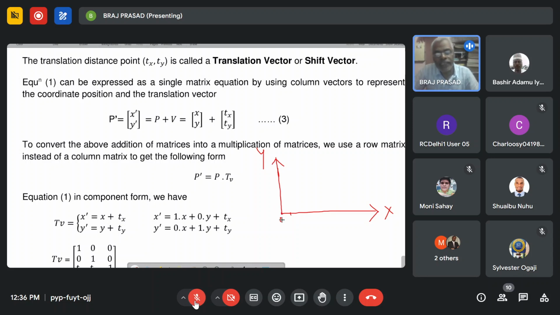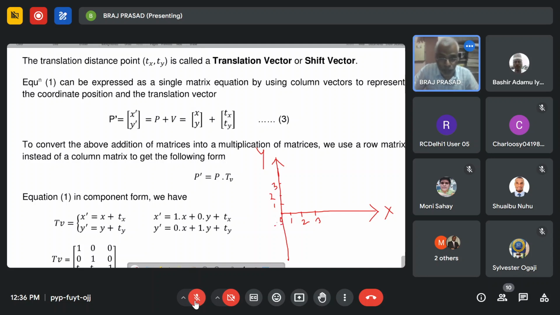And you can take any unit to represent the value 1. Suppose this is our 0, then this is our 1 unit, then 2, then 3, like this. Similarly on the y axis it is 1, 2 and 3 in the positive direction. But if you move to the bottom, then the value of y becomes -1.